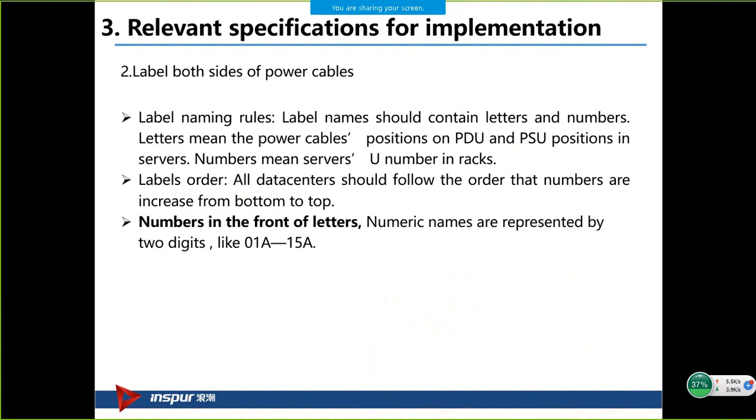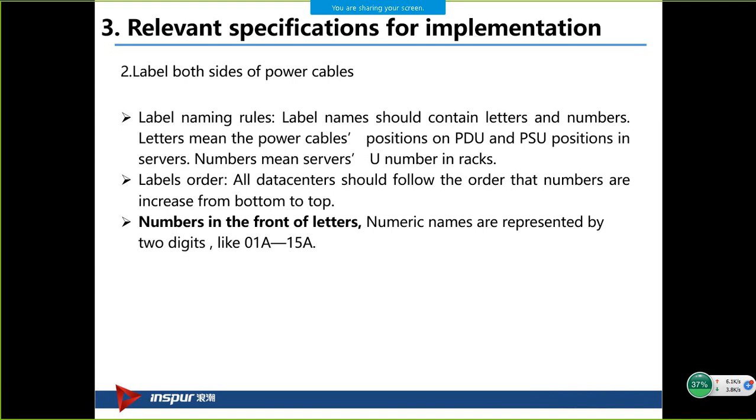And then at the label board side of the power cables, at the front and the rear ends of the power cables, there are label name rules. It also depends on the on-site customer requirements.